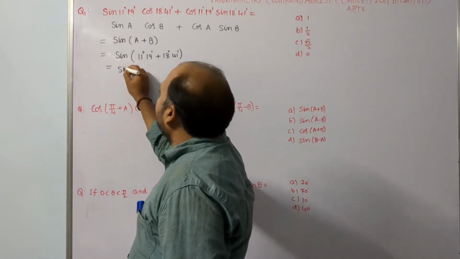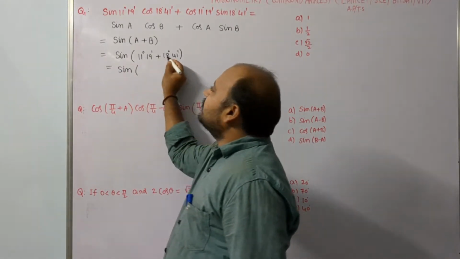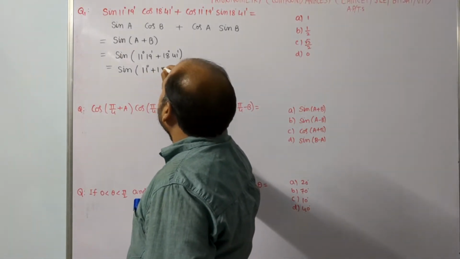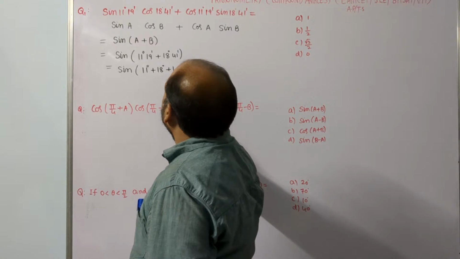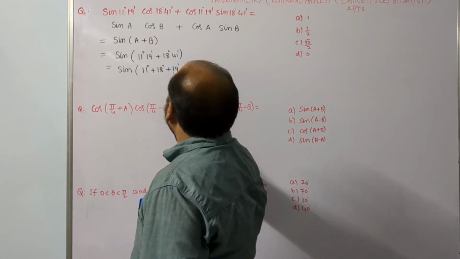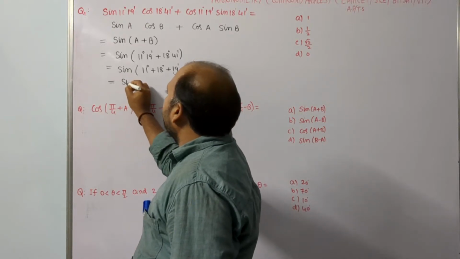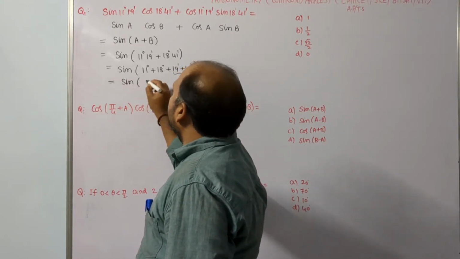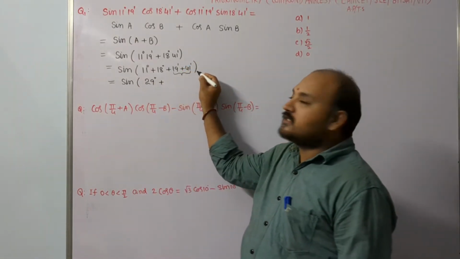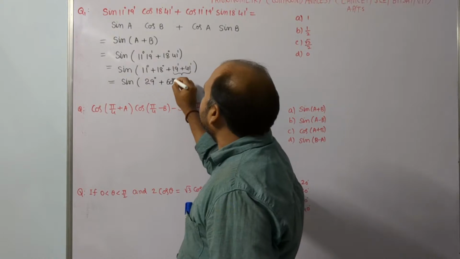So sin of 11 degrees plus 18 degrees plus 19 minutes plus 41 minutes, which is sin of 29 degrees plus 60 minutes.